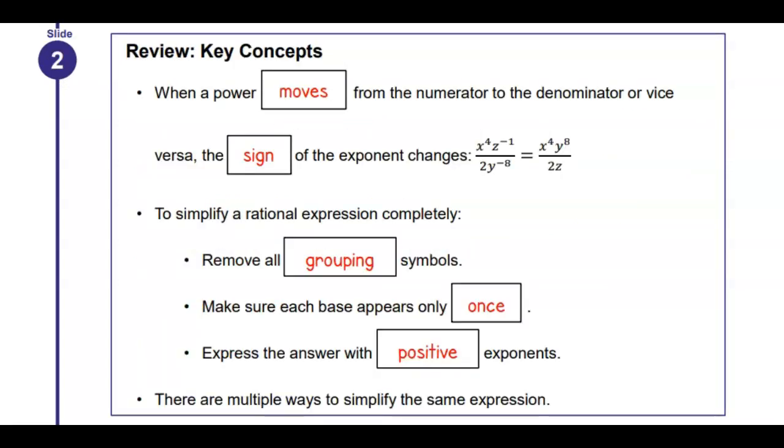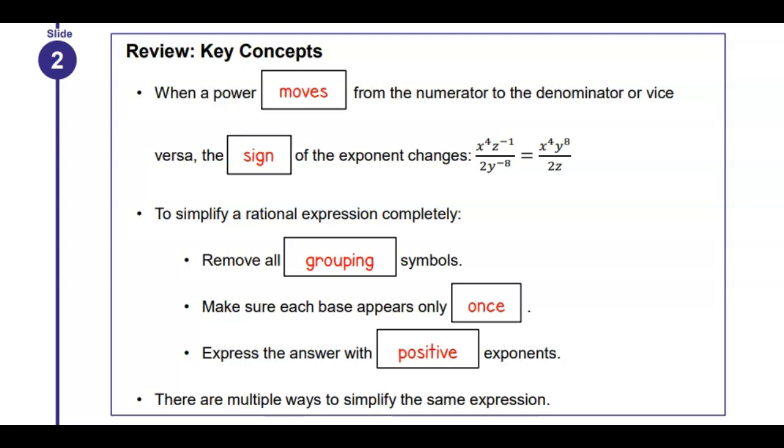Finally, let's review some key concepts. The first, when a power moves from the numerator to the denominator or vice versa, the sign of the exponent changes. We can look at the following example and see how z to the negative first power moves to the denominator and the sign changes on the exponent, and y to the negative 8 moves to the numerator and the sign changes on the exponent.